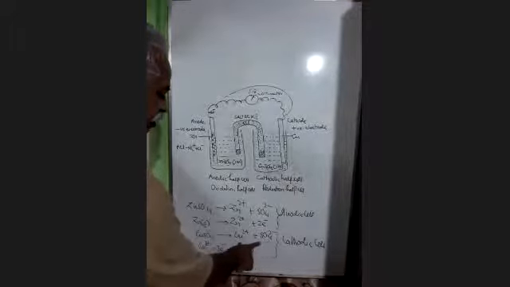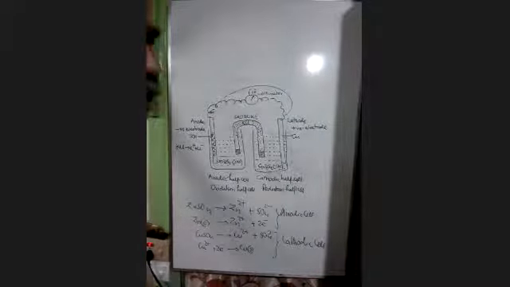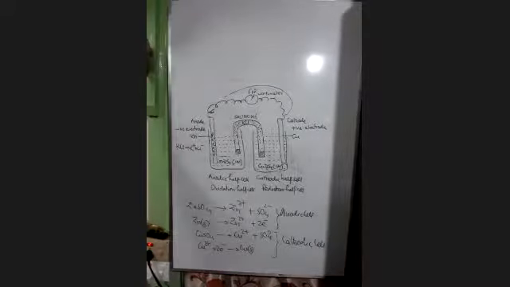Now in this case, what happened? Copper ion is being converted to solid copper. So sulfate is extra. The charge of potassium is 1 positive, so 2 potassium comes and neutralizes this. So it maintains the electrical neutrality of the cells.